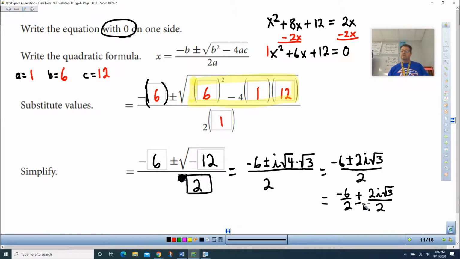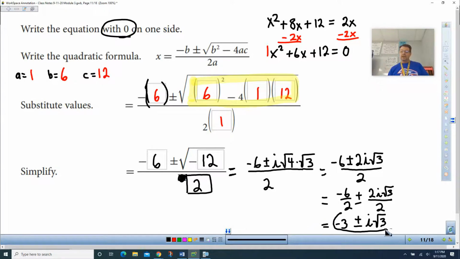And now you can see better how to reduce this. Okay, so what's this negative 6 over 2? Well, that's just going to be 3, right? So that's equal to negative 3. Bring down my plus or minus. The 2's reduce, and all I'm left with is i on the square root of 3. And there is my answer.